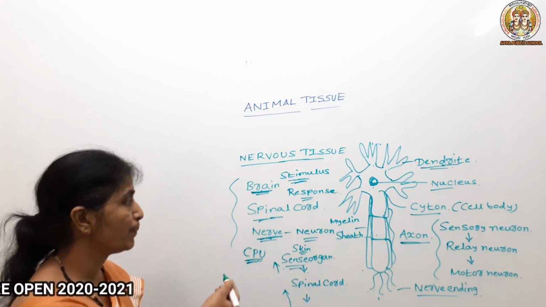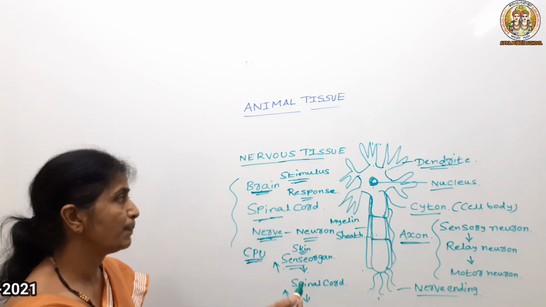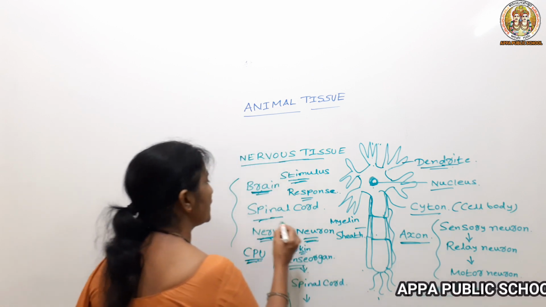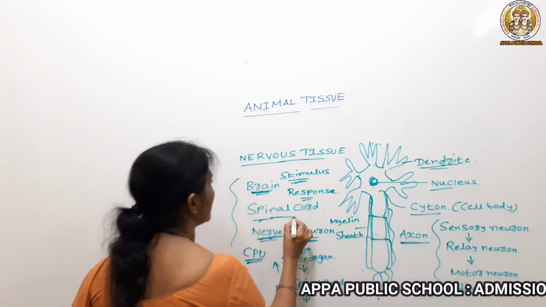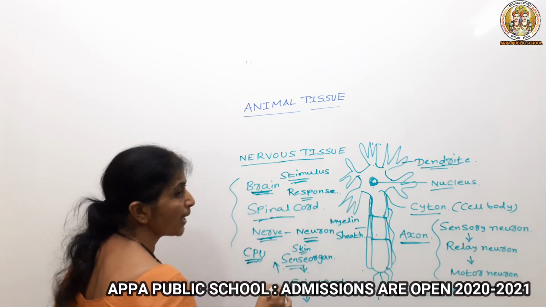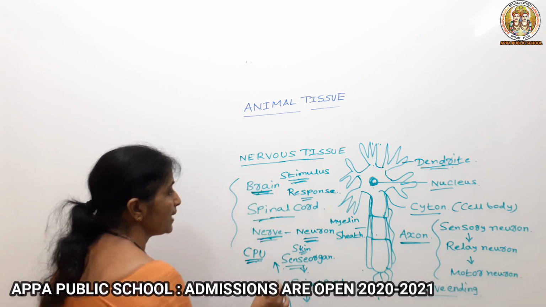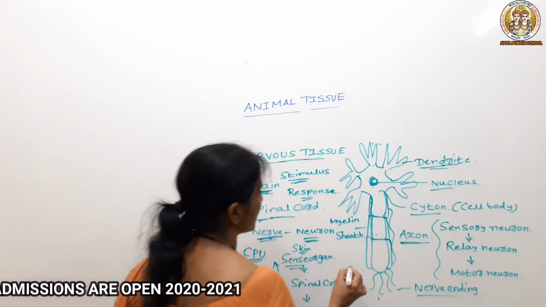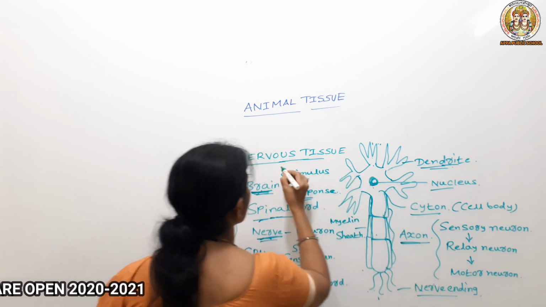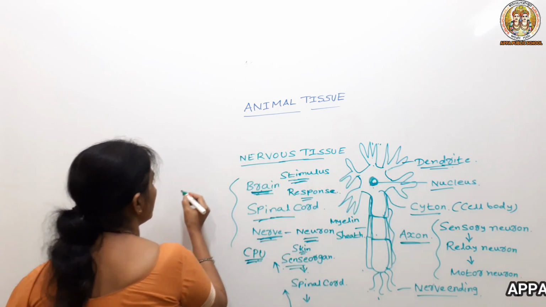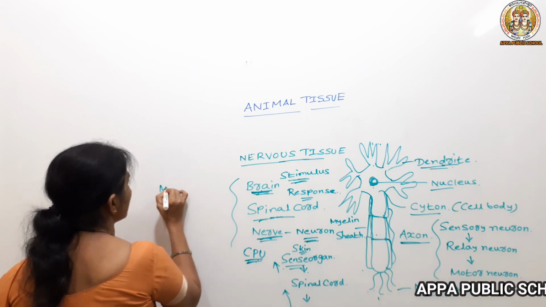Depending upon the type of stimulus, it takes the message, and through this neuron it is taken to the spinal cord, then it reaches the brain. Similarly, again it will come back. In this way the message is sent from one organ to another organ. The main function of this nervous tissue is taking the message from the sensory organ.